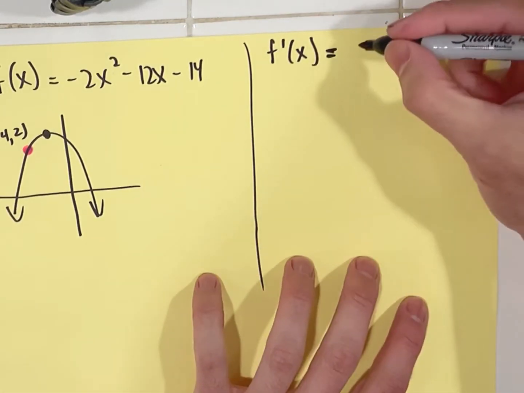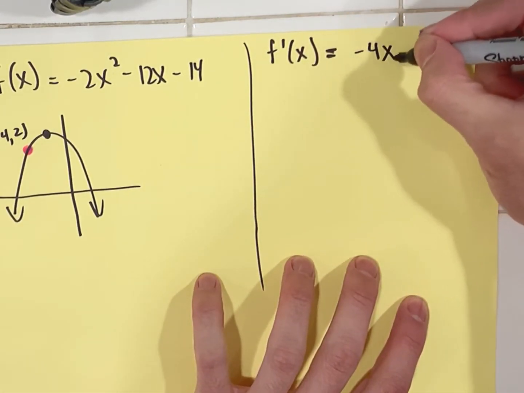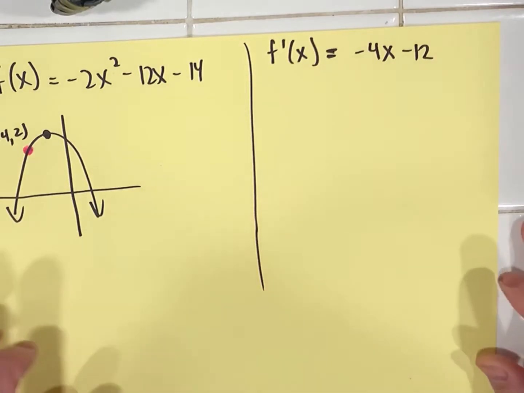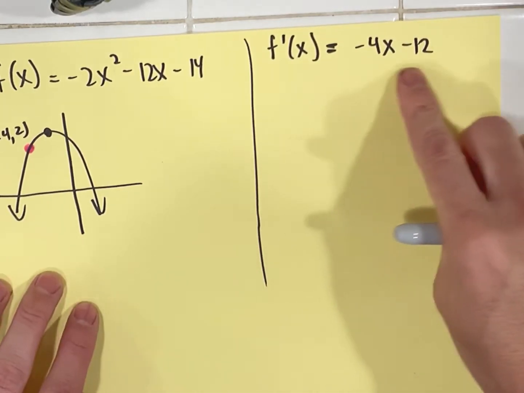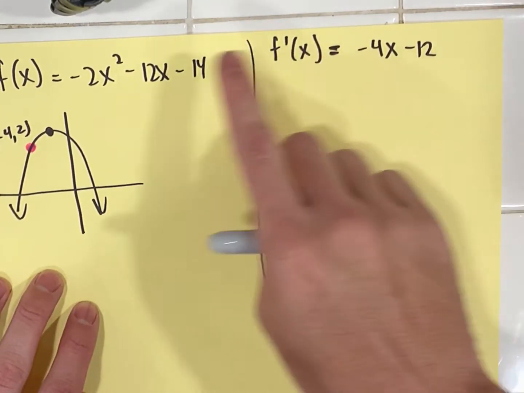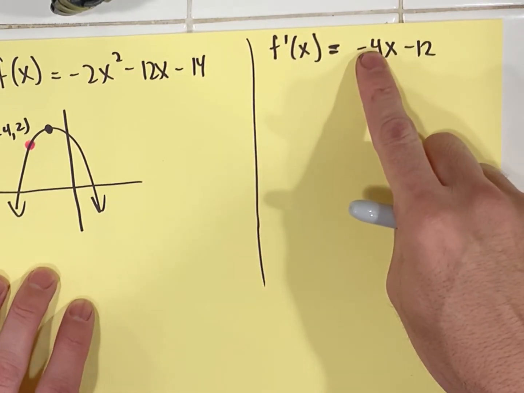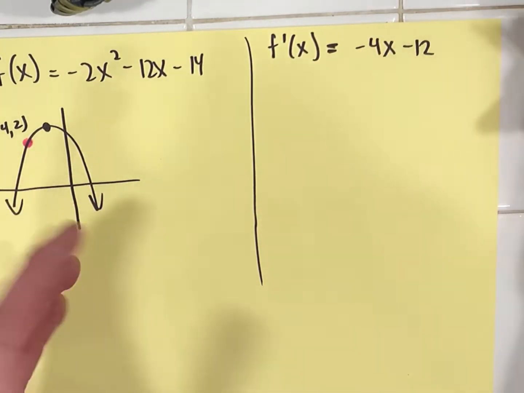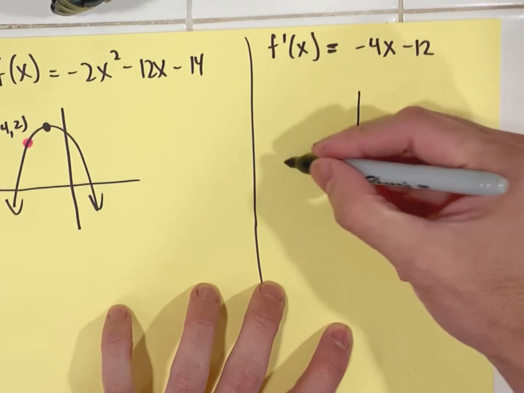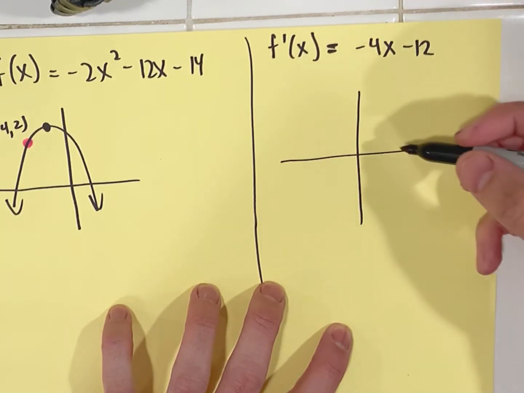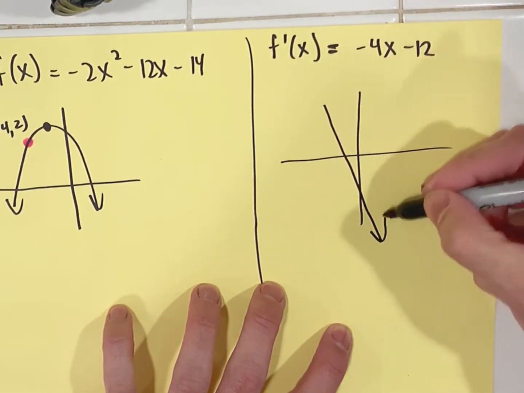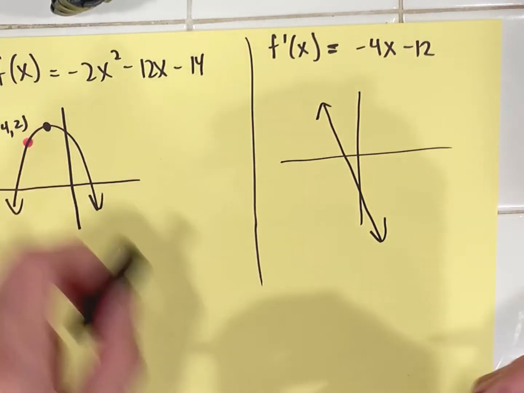Either way, I'll tell you right now that the derivative of this function is that. So this is the derivative of that. The derivative itself has a graph of its own, right? It has its own picture. And this graph would look something like that.